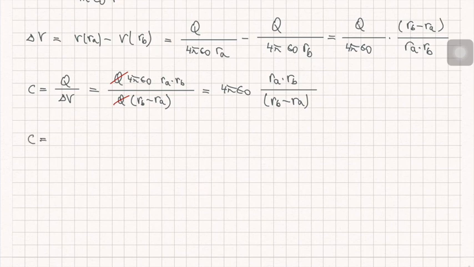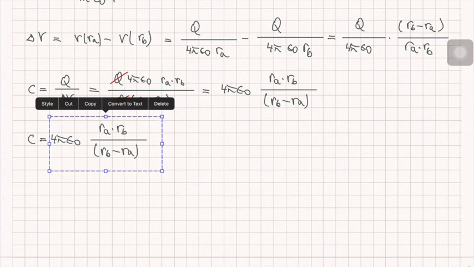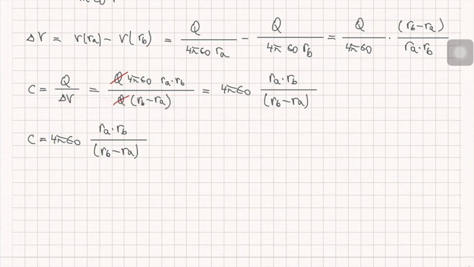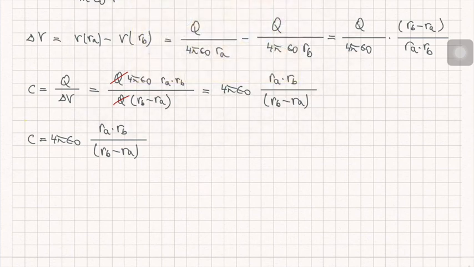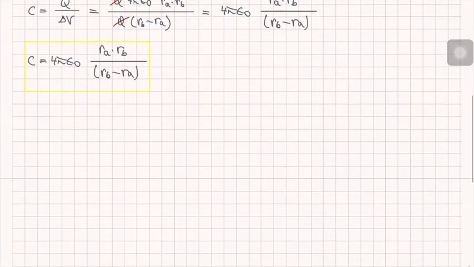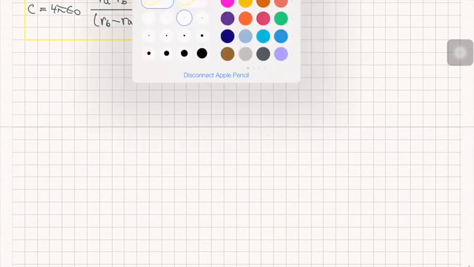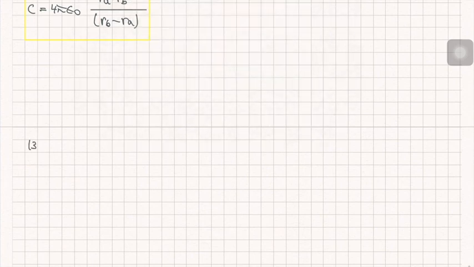The capacitance for a spherical capacitor is therefore 4 pi epsilon naught RA RB divided by the difference in the radii, RB minus RA. And then we come to the last example, namely a cylindrical capacitor. So now the last case, the third, is a cylindrical one.